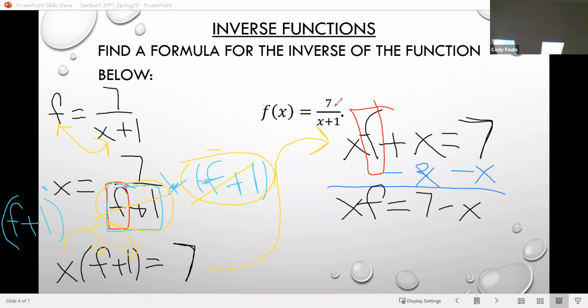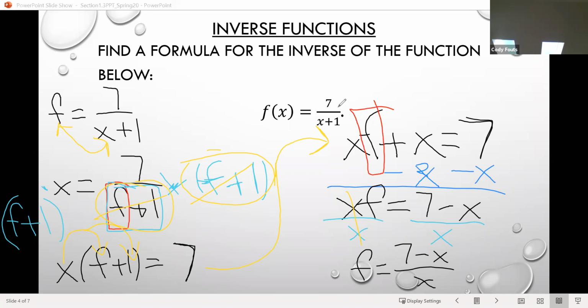And then to finish isolating the f, we'll divide by the x because it's being multiplied. Divide the whole right hand side by x. The x on the left hand side cancels. And so what we end up with is f equals 7 minus x over x.